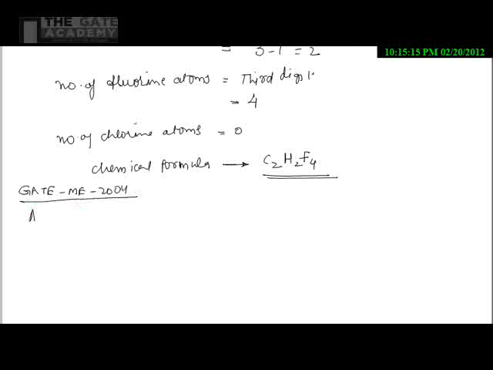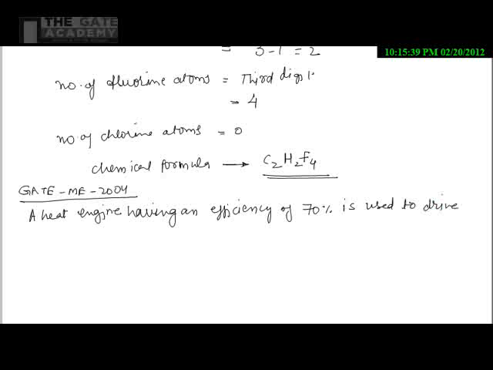A heat engine having an efficiency of 70% is used to drive a refrigerator having a coefficient of performance of 5.